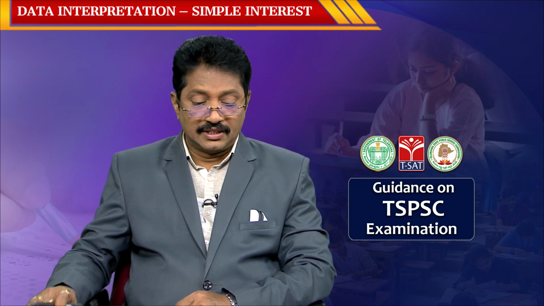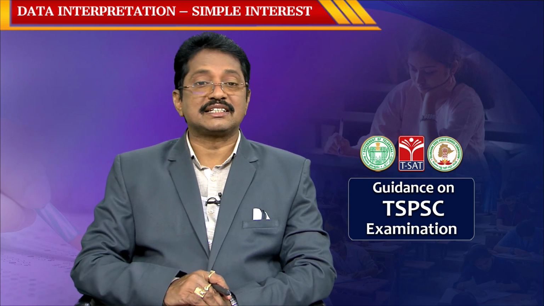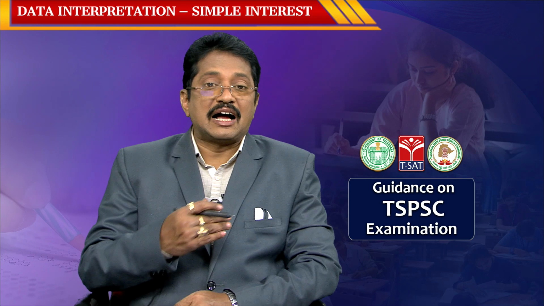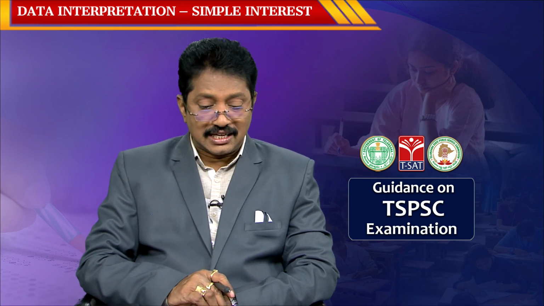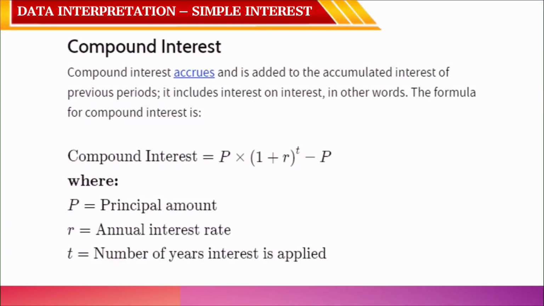Okay. Now, coming to the next kind of interest, compound interest. Compound interest is added to the accumulated interest of previous periods. It includes interest on interest.